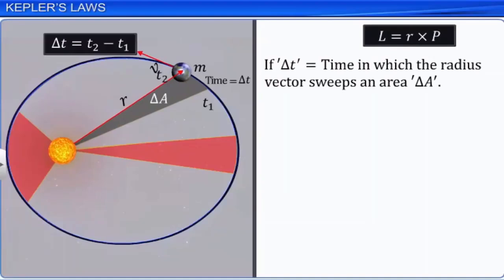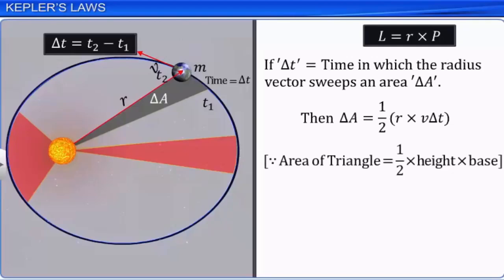Thus, delta A by delta t is equal to half r multiplied by v. On simplification, we get delta A by delta t is equal to half L by m.